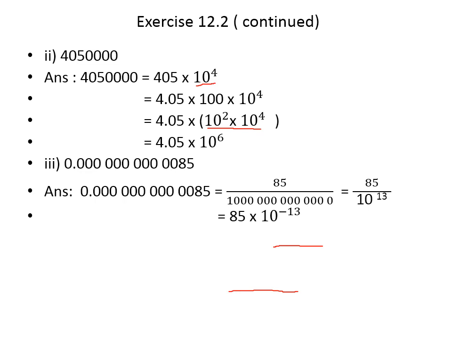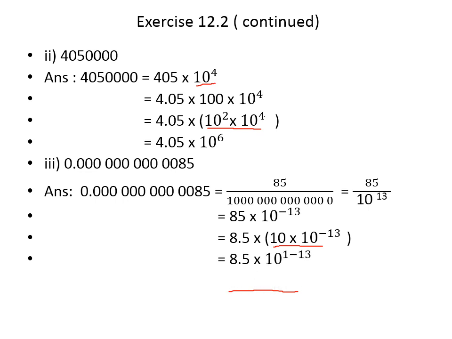So 85 can be written as 8.5 into 10, because there is a decimal place after one digit, so we can write 10. In the previous case, the decimal place was after two digits, we wrote 100. So again here the bases are same, we can use the laws of indices.